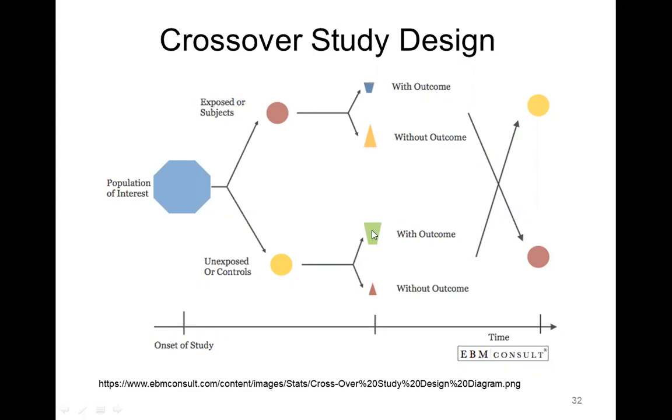And that's true for the unexposed group as well as the exposed group. And then what we do is we have our washout period, and then we flip, and now the unexposed group will be exposed, okay? And vice versa. The ones that were exposed first get unexposed. And that's a basic format for a crossover study design.